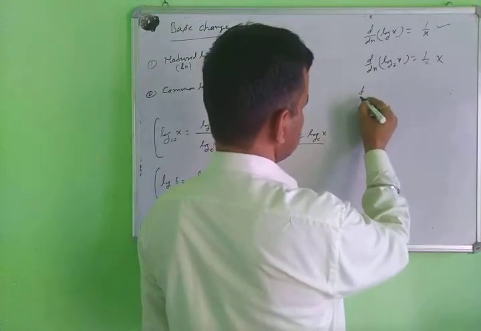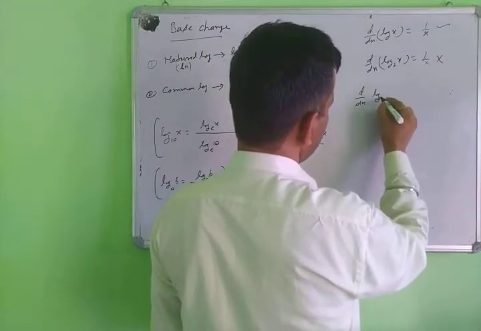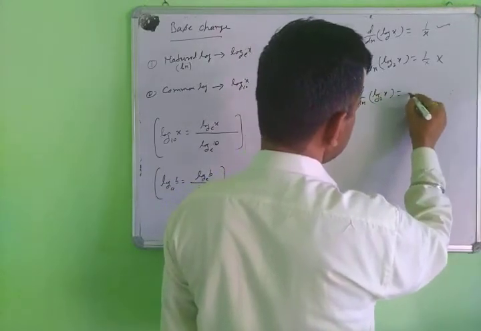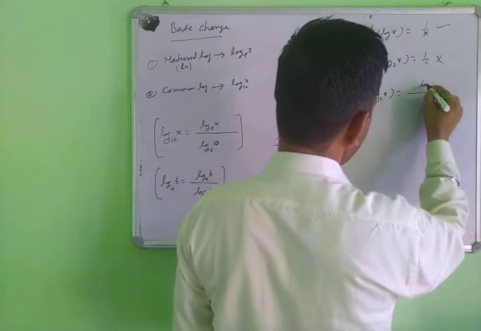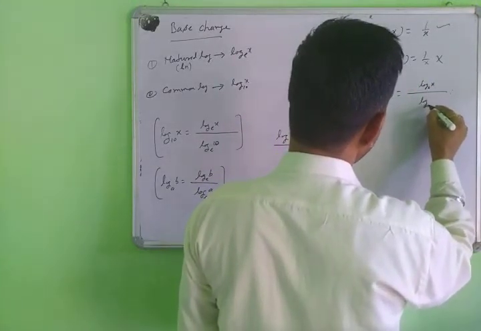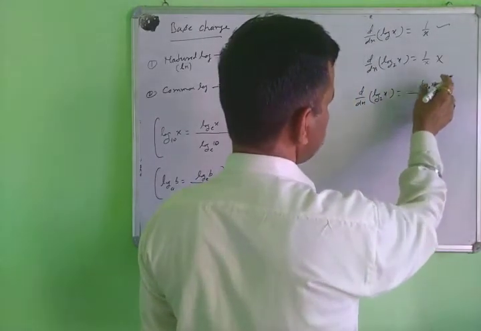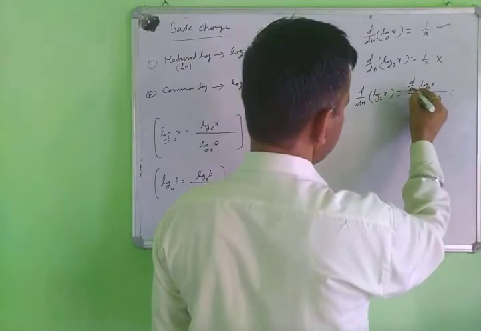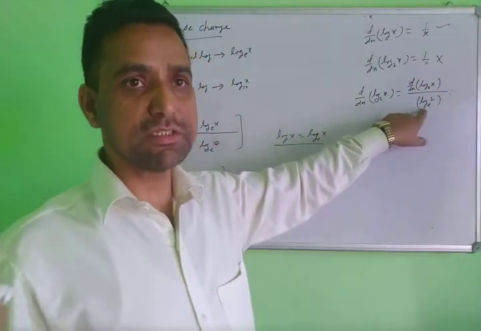Now look here. Suppose d over dx of log base 2 of x. Then you change it to d over dx of log base e of x upon log base e of 2. This is a constant value, log e base 2, so you differentiate only the numerator, because the denominator always comes as a constant value.